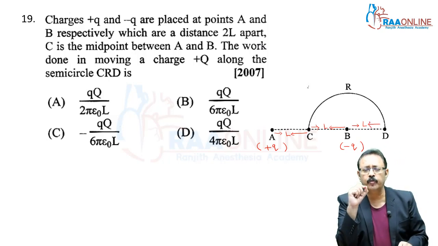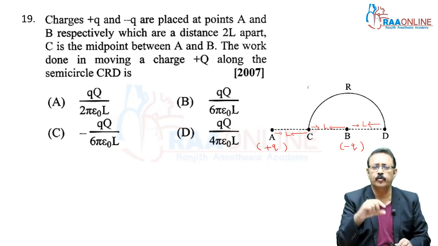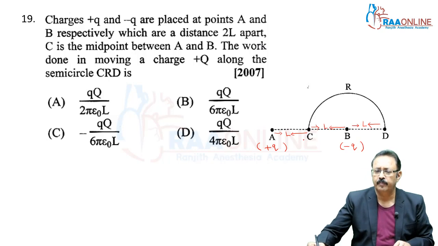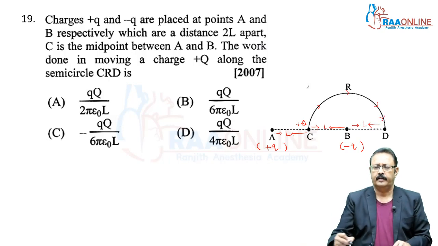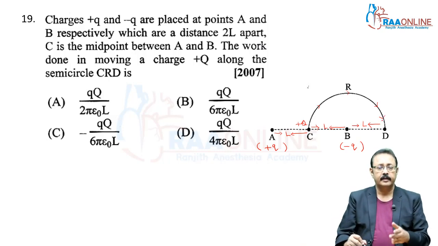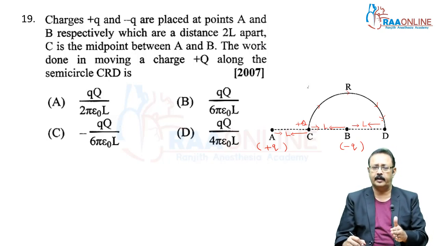The work done in moving a charge plus Q along the semicircle CRD. The work done in moving a charge plus Q means we want to move plus Q from C to D. We know that in electric forces, work done is independent of path, and depends upon the initial position and final position, because this type of force is a conservative force.